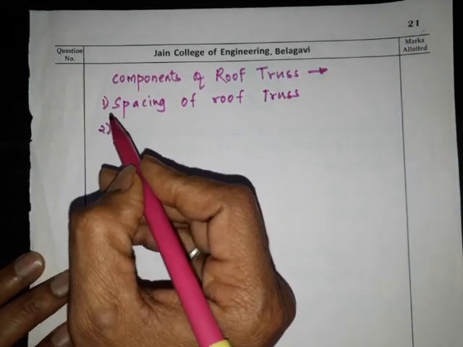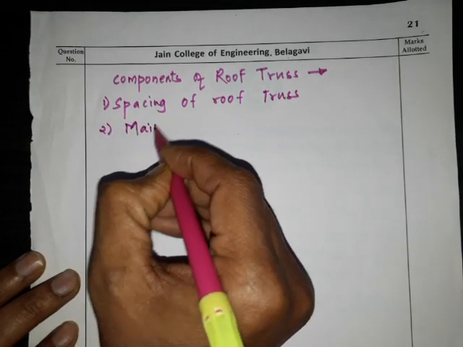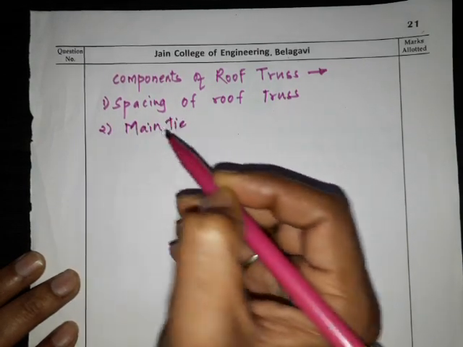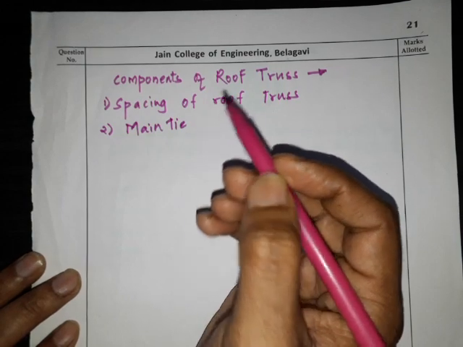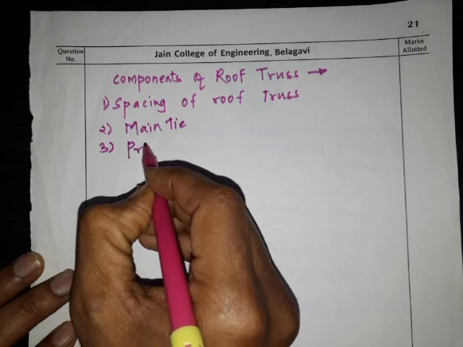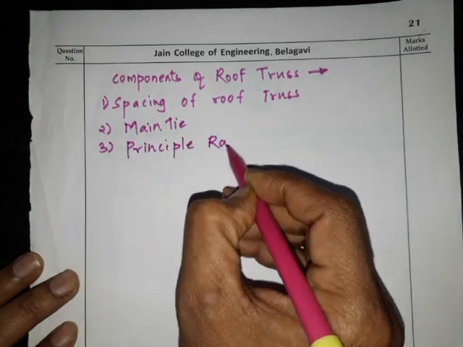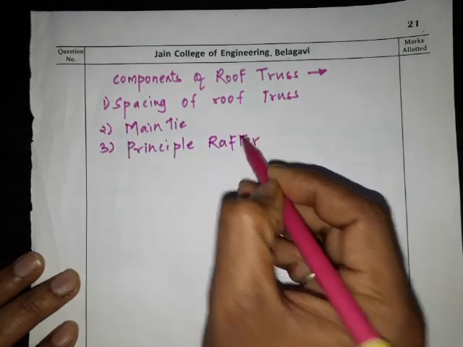Then we have main tie, which is again an important component. After that we have principal rafter.